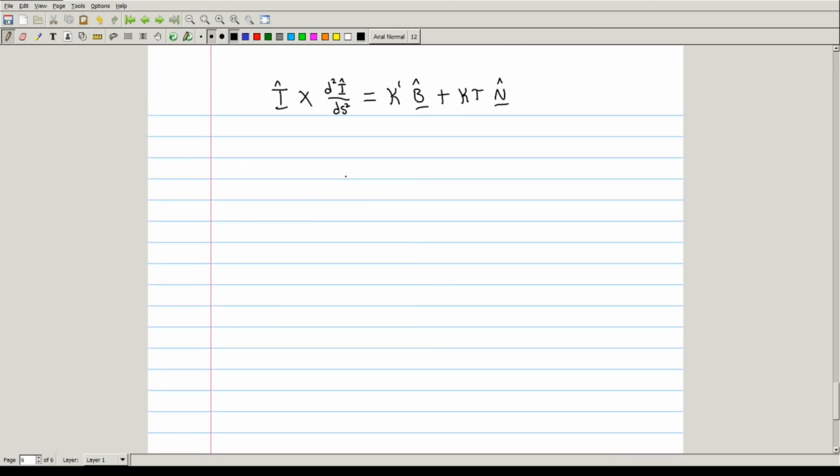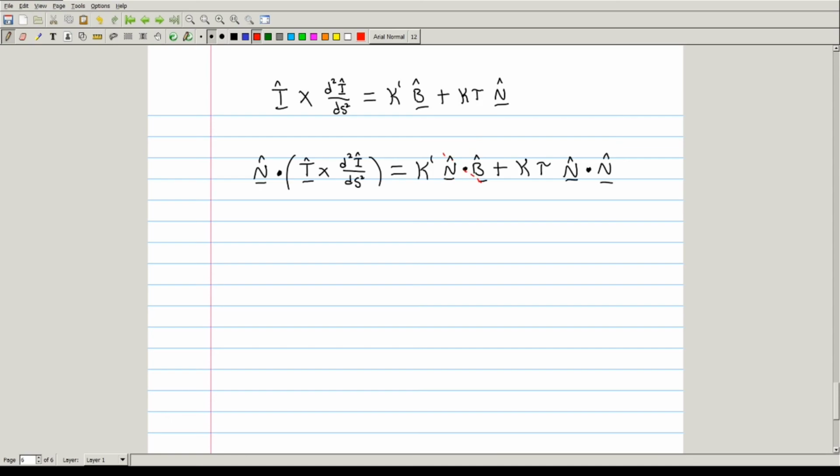So if in my last step here I take the dot product of this entire expression with n hat, I will end up getting kappa prime, n hat dot product with b hat, plus kappa tau, n hat dot product with n hat.